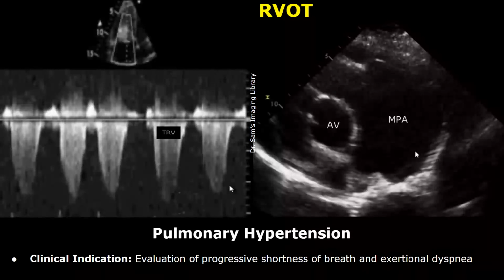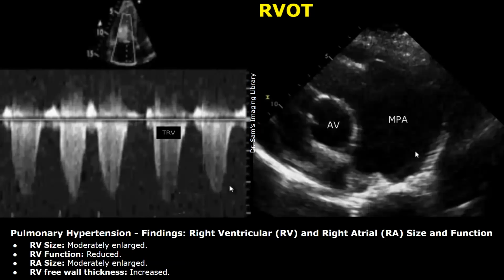This is a case of pulmonary hypertension. Clinical indication is evaluation of progressive shortness of breath and exertional dyspnea. The right ventricular size is moderately enlarged. RV function is reduced.